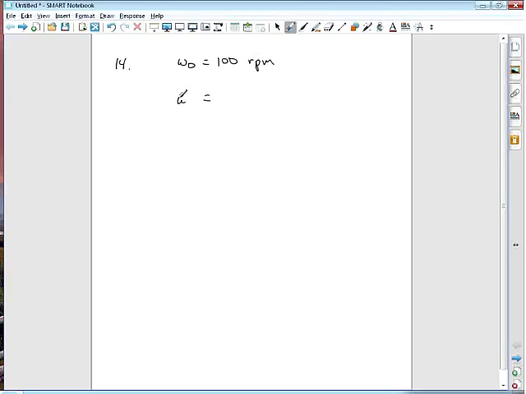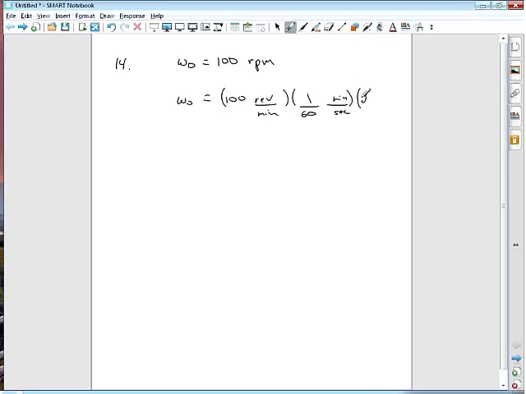And so let's go ahead and convert that to radians per second. So let's see what we have. We have 100 revolutions per minute. And we're going to multiply by either 2 pi or 60 and divide by the other one. So the question is, which one do we do? We can figure that out by doing the time one first. We have 60 seconds per 1 minute.